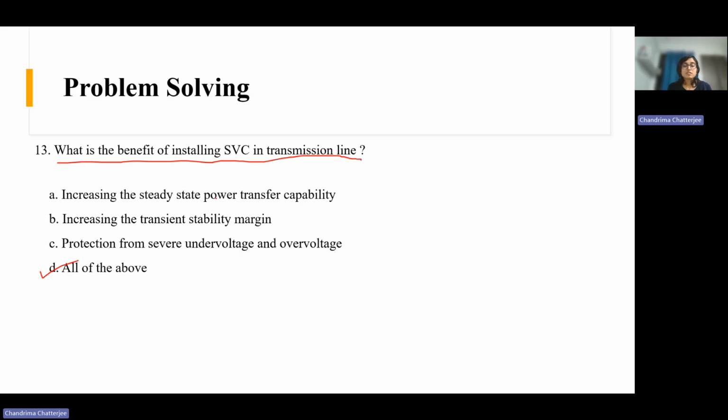It increases the steady state power transfer capability, increases the transient stability margin, and protects from severe under voltage and over voltage, by absorbing reactive power or by injecting reactive power. So all of the above is the correct option.